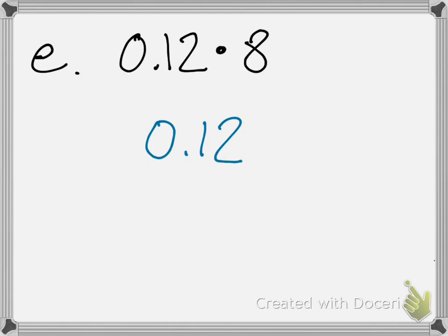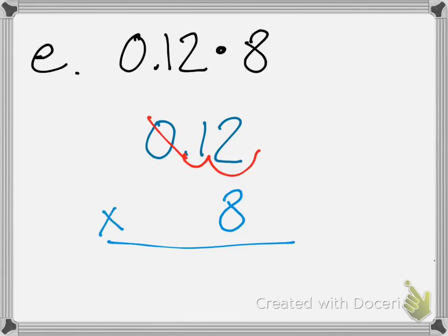I crossed out the 0. Yeah, 0 doesn't matter. And where does that 8 go? You would put it underneath the 2. Perfect. Excellent. And we're multiplying. So we moved it over a total of 2 times. So I like to remind myself of that.